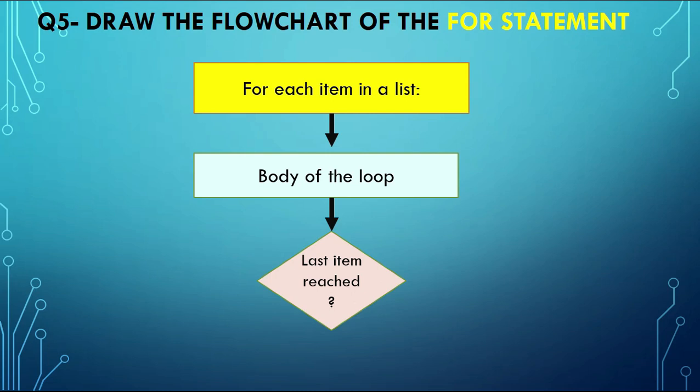If the last item is not reached, it will go again to the next iteration, and this will keep on continuing, and finally when the last item is reached, the loop will be exited, that means exit loop. So this is the flow chart for the for statement.